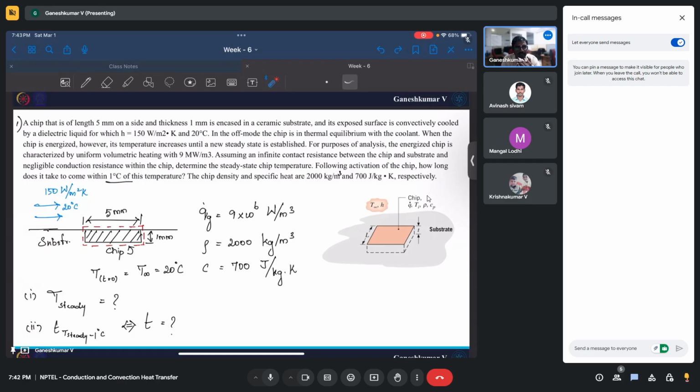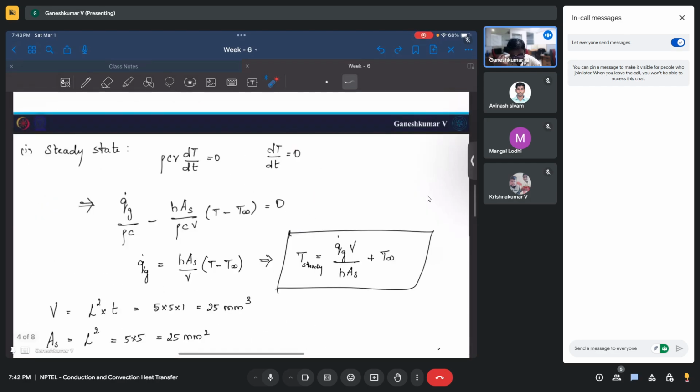It is going to have a little bit of contact resistance, but the chip is going to give away some heat to the substrate. There is going to be heat conduction, right? And if that is the case, how would your final temperature change? And similarly, if I want to know how much time it takes to reach near steady state, how would I do it?